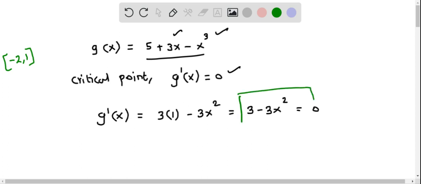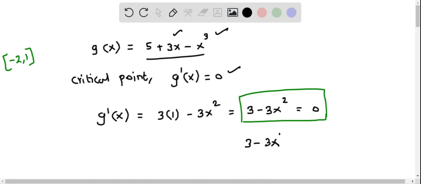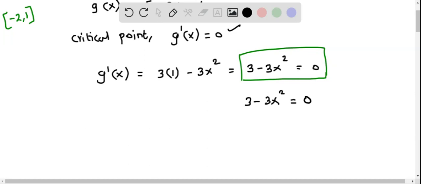And let's focus. I'm sorry about it. So let's focus on this equation. So we have to determine x from this one. So 3 minus 3x squared equals 0. First we add 3x squared to both sides. So we get 3 equals 3x squared.